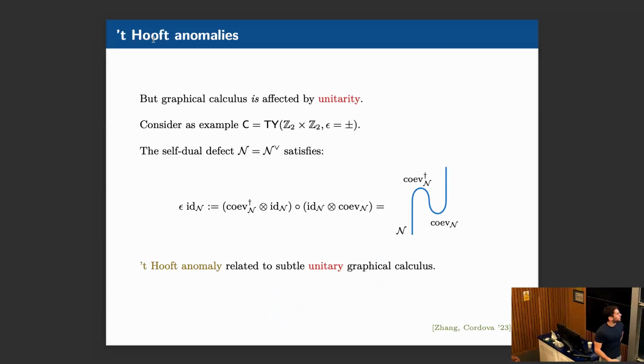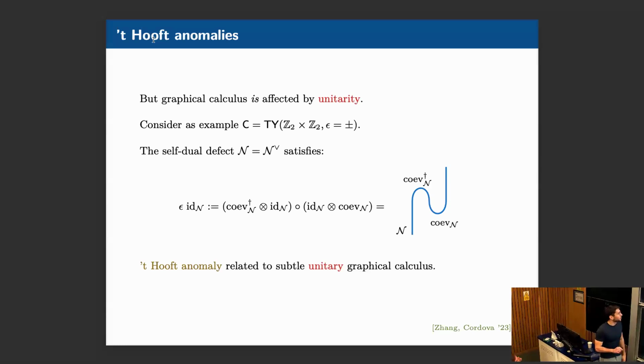And we know that if the Frobenius-Schur indicator is equal to -1, then this categorical symmetry is anomalous, because it cannot be realized by an SPT essentially.